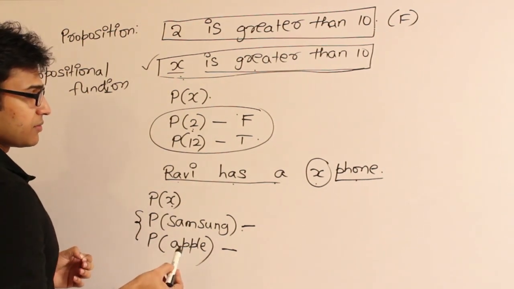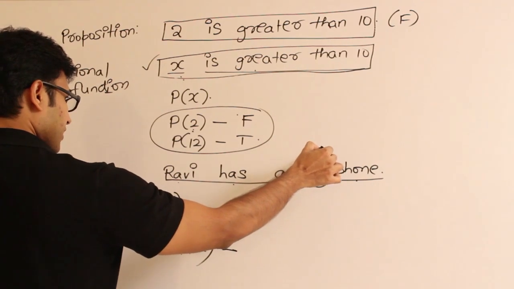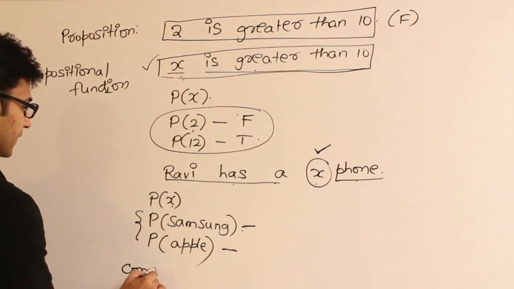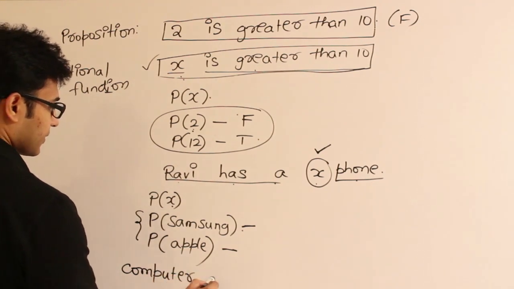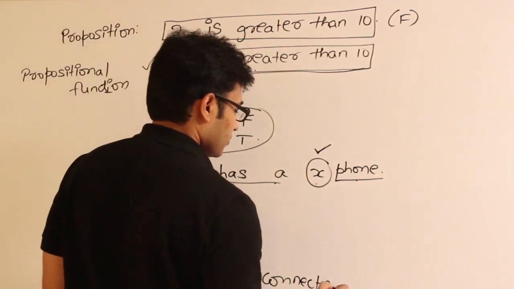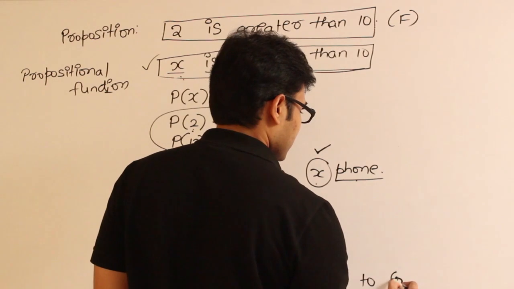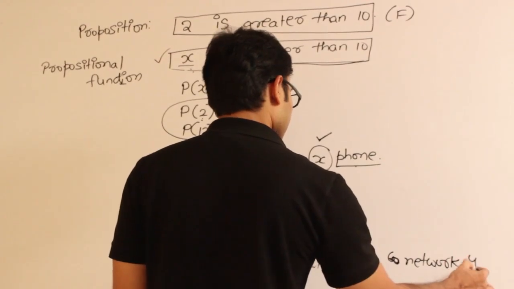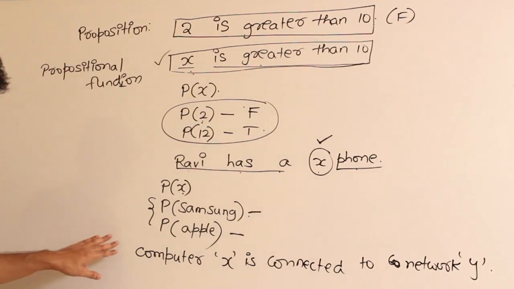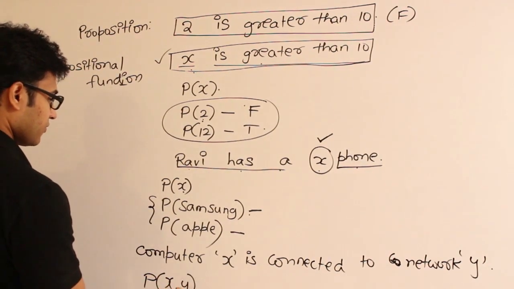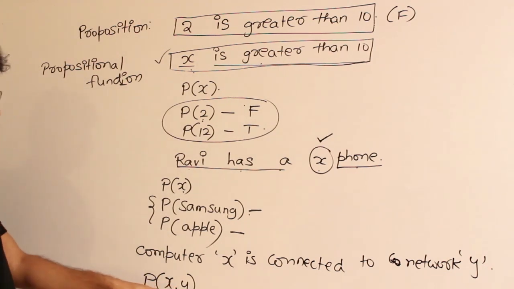Let us say we have one more statement. I am just giving you one more example where we can have more than one variable in the propositional function. Assume that computer X is connected to network Y. Then you can represent this propositional function using the shortcut P of X comma Y. Now P of X comma Y is a propositional function.